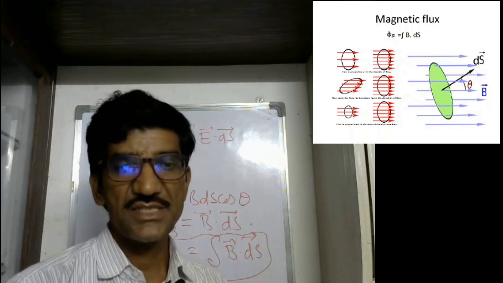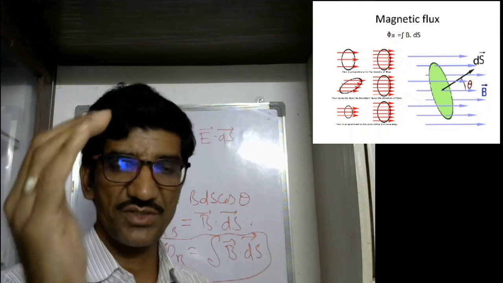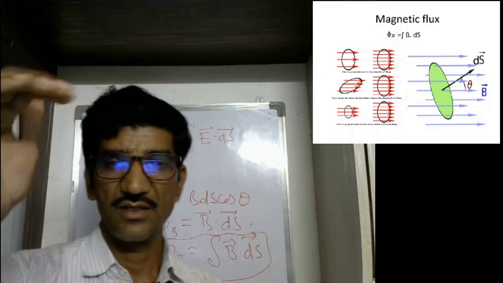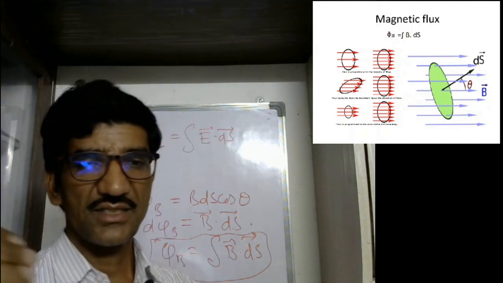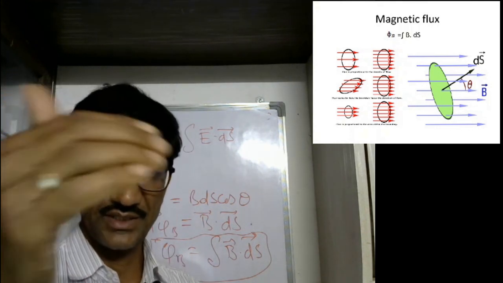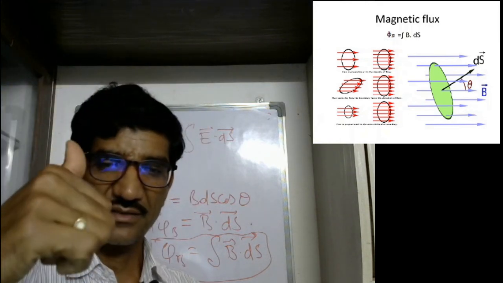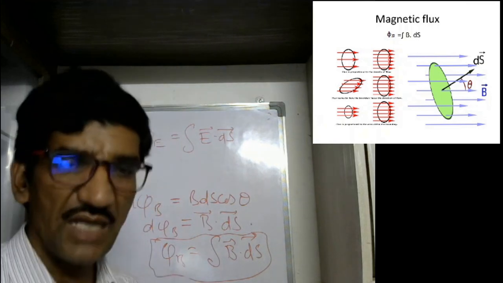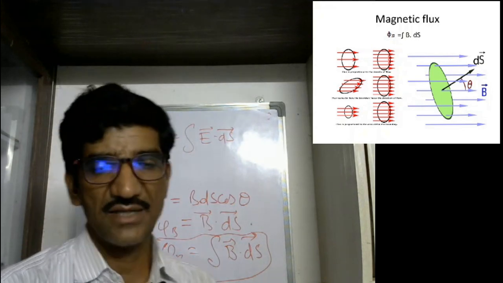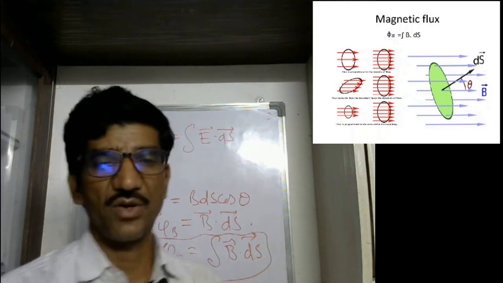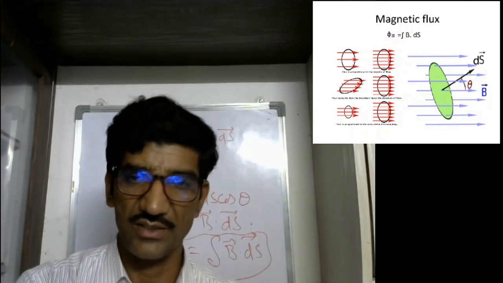You just bring the direction of motion of the charged particle onto the magnetic field vector with your right hand fingers. Then the direction of your thumb will give you the direction of the magnetic force acting on the charged particle. These two things you have to remember. This is very, very important.